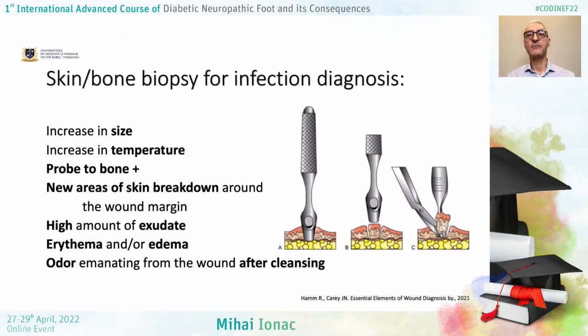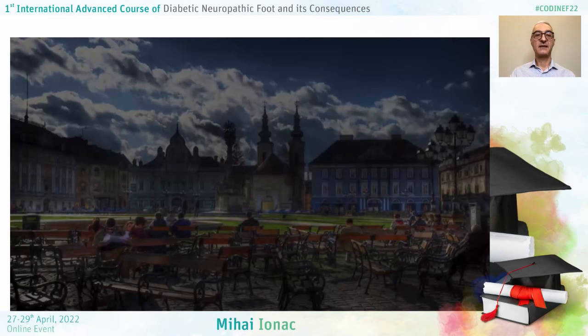And skin and bone biopsy are very good for infection diagnosis, much better than taking a swab, and they are also very good in ulcers with a high amount of exudate, with erythema and edema, and also in ulcers that emanate different odors after cleansing.